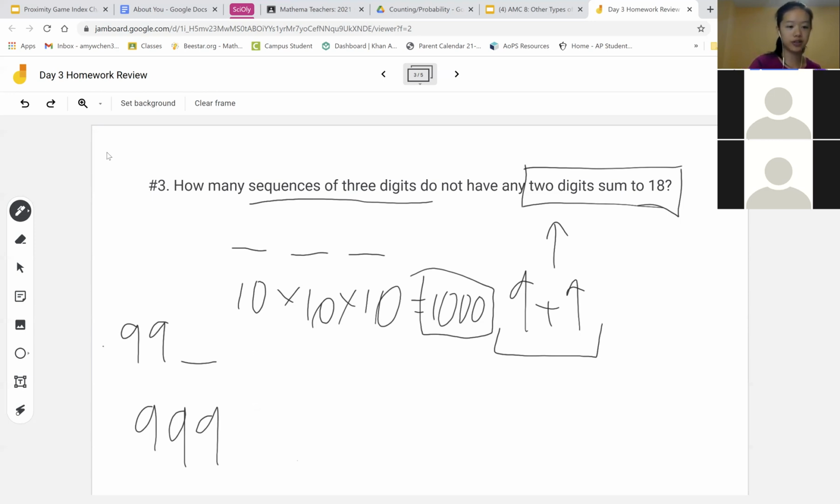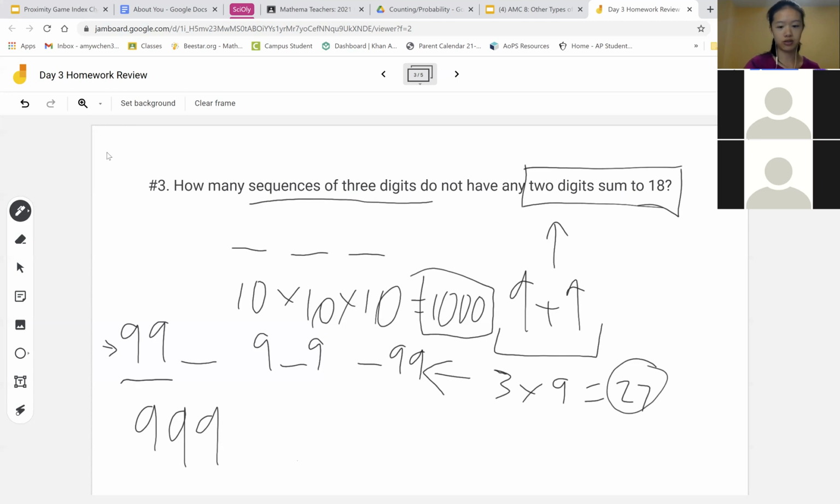So by the way, for the case where there are just 2 9s and some other digit, you could actually have 3 possible arrangements of that. You could have 9 9 and then some other digit, or 9 some other digit 9, or some other digit 9 9. So in total, since there are 9 possible other digits for this blank, we would have 3 times 9, which is equal to 27 possible sequences for this case.